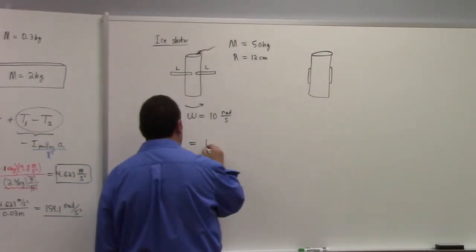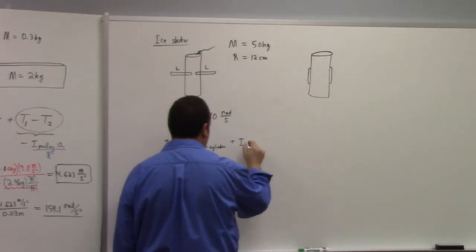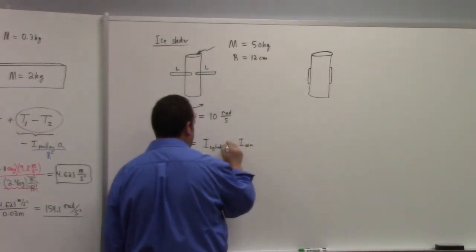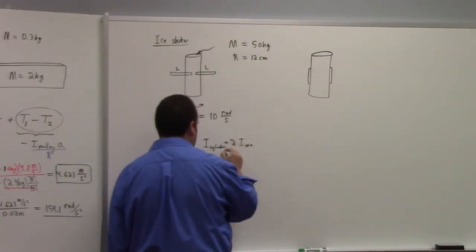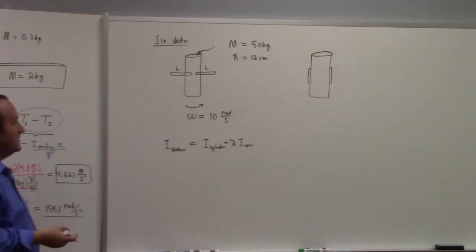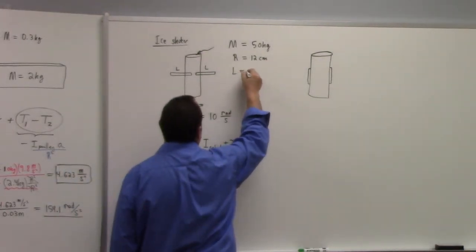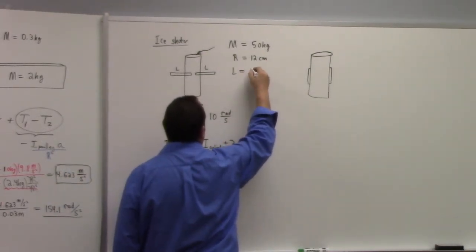So we have the moment of inertia for the cylinder plus the moment of inertia for the arms. We've been here long enough to know that we're going to say twice the moment of inertia for one of the arms. So what's the moment of inertia for a cylinder? I should tell you that the length of their arm is, let's say, 60 centimeters.